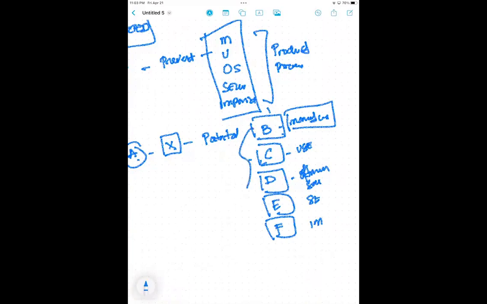They should obtain the consent of A so that B can manufacture X, C can use X, D can offer to sell X, E can sell X, or F import X.